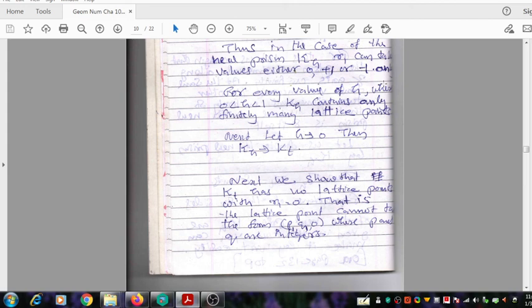So finally, after eliminating the possibility that R1 equals 0, we will end up with R1 equal to plus 1 or minus 1.